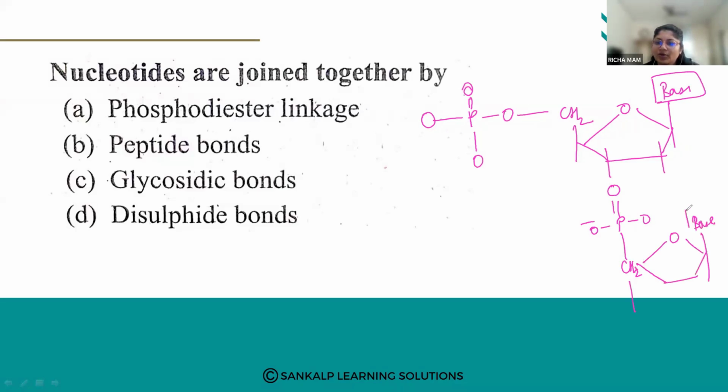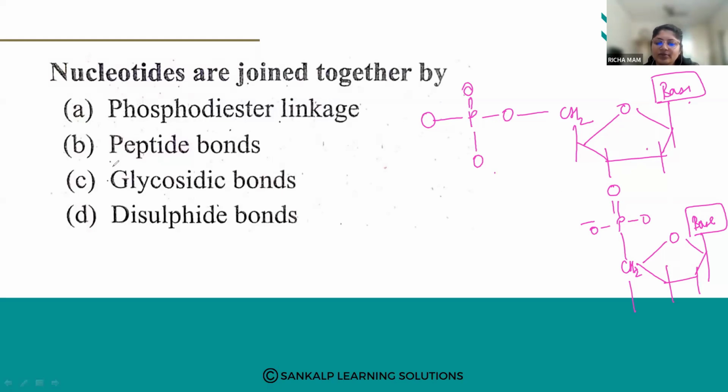It's like a polypeptide chain. So you'll have one deoxyribose sugar, a nitrogenous base and a phosphate group. And how are these nucleotides joined?